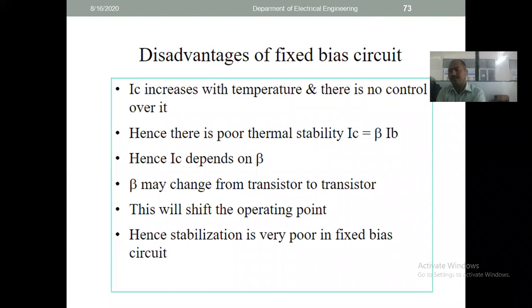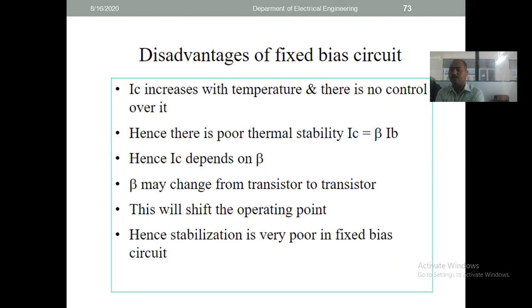There are many disadvantages with respect to this type of configuration. We know that the collector current is beta times IB. Beta is related to the semiconductor and changes from device to device, right? Beta also changes due to temperature, and we cannot control temperature changes in nature. So this is a disadvantage of this type of configuration.